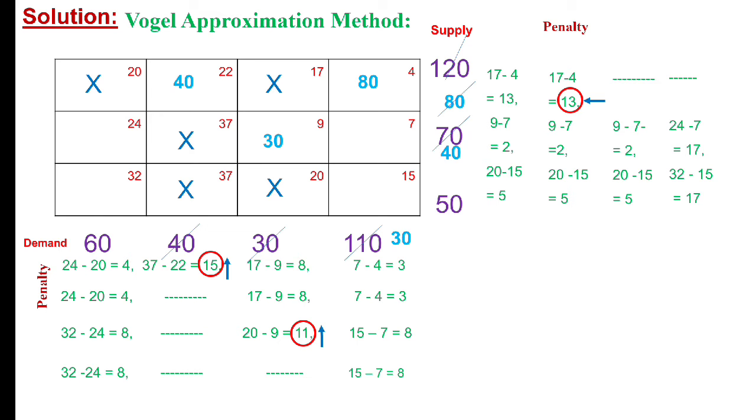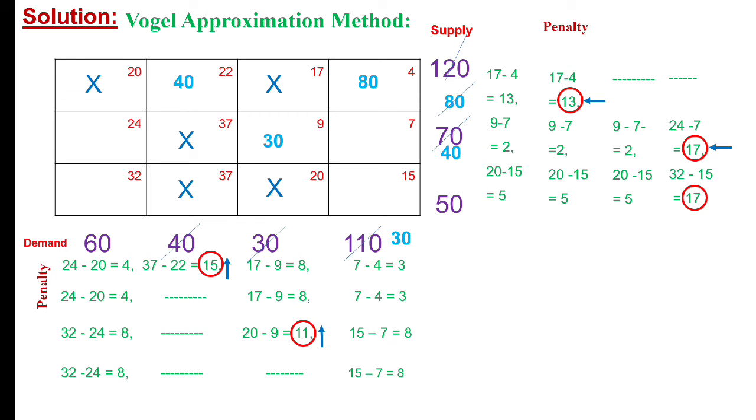So if we select the second row, what is the minimum cost? 7. How much can I allocate there? 40 I can. 40 and 30 are there. In that, 30 I can allocate. How much remains for the row? Second row 10. So 30 will be allocated. The fourth column is completely over, so it will be cancelled. Now left out is only the first column, with 24 and 32.